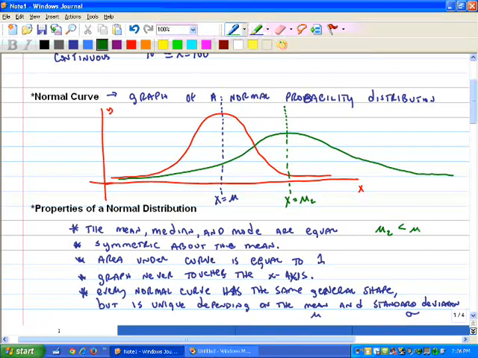And we can tell because the graph is spread out further that the standard deviation of the green normal curve is going to be greater than the standard deviation for the red normal curve. Because remember, a bigger standard deviation means the distribution is spread farther.